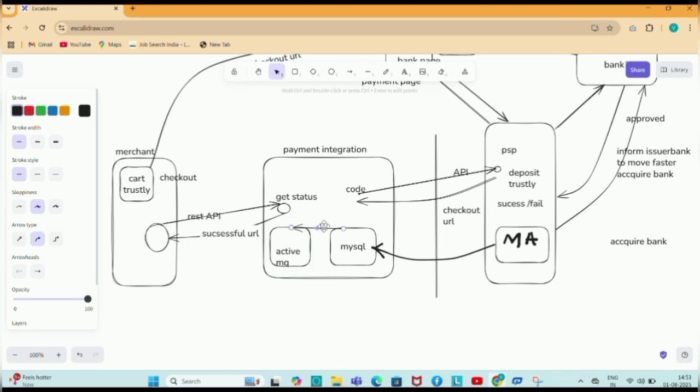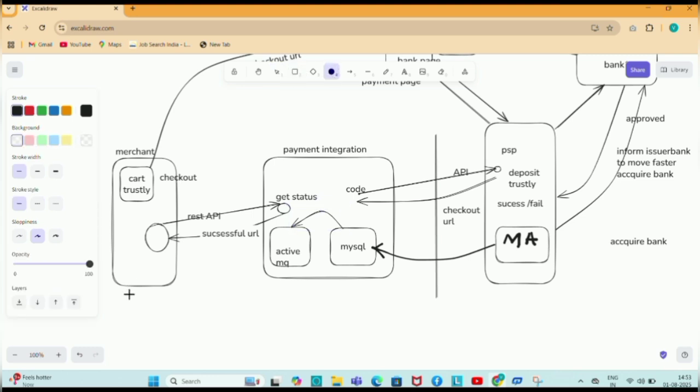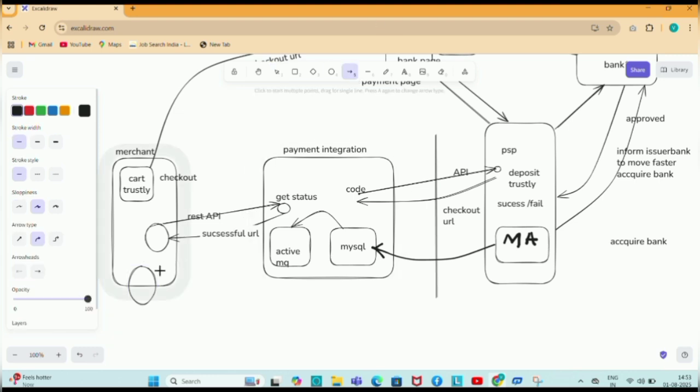So this acquirer bank, it is going to the bank account of Trustly. Then the bank informs the issuer bank to move the funds to an acquirer bank. Whatever Trustly sends as a notification, it will update to MySQL and ActiveMQ.